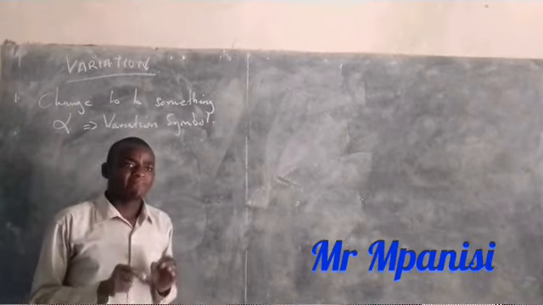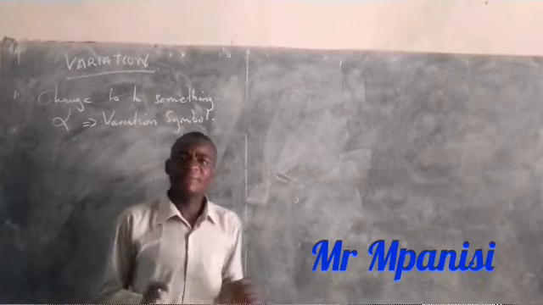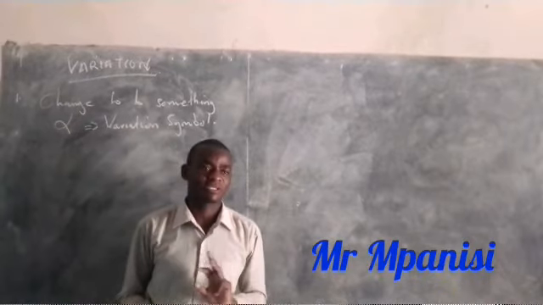So now, variation comes in different types. There are basically 4 types of variation.